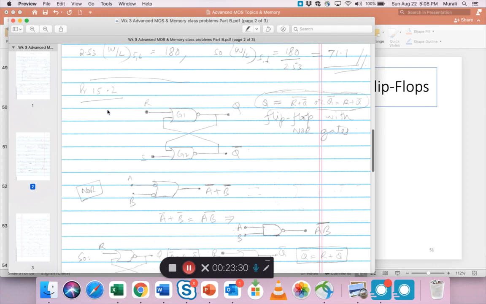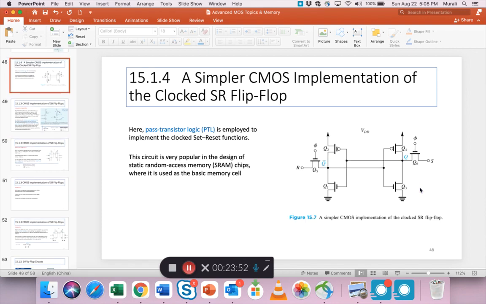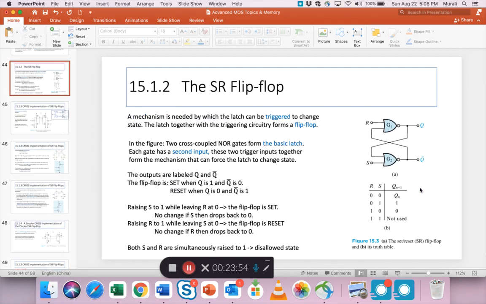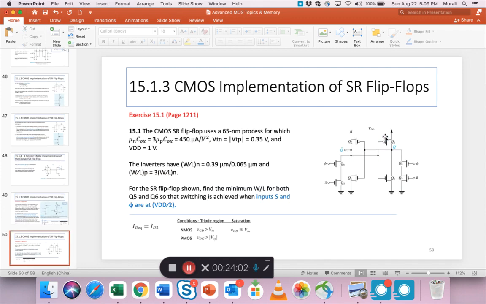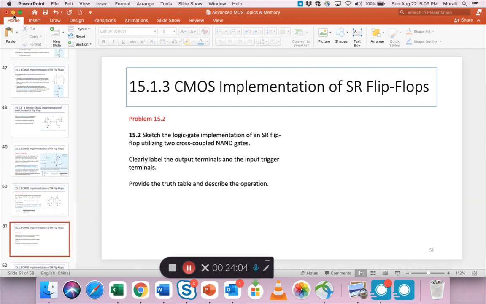So here's problem 15.2. Okay. So this is the flip-flop we saw with NOR gates, right? We've seen this in the textbook. Yeah, we saw the SR flip-flop with NOR gates. So the same thing has to be now implemented using NAND gates.